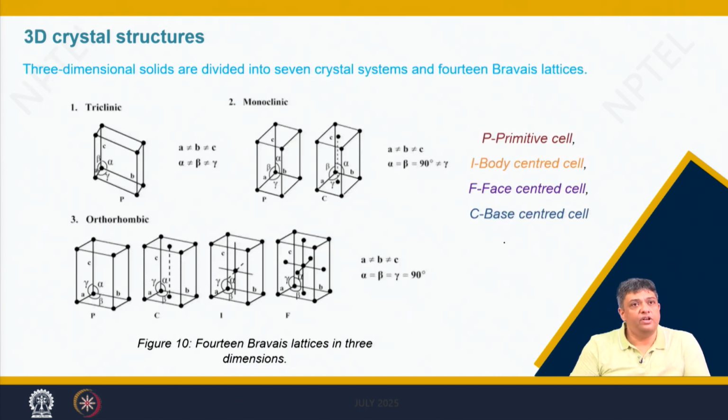Similarly, you can have the 3D crystal structures. You can have either primitive type, body centered cells, face centered cells, or base centered cells. Body centered means along with the atoms at the edges you also have an atom at the center of the body.